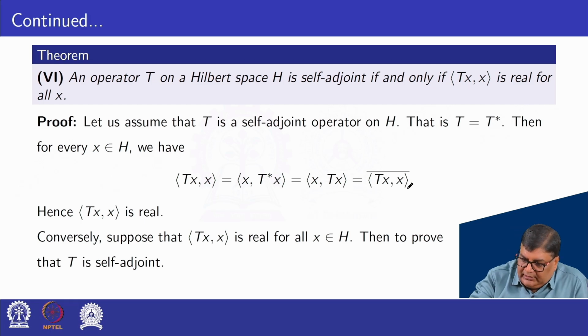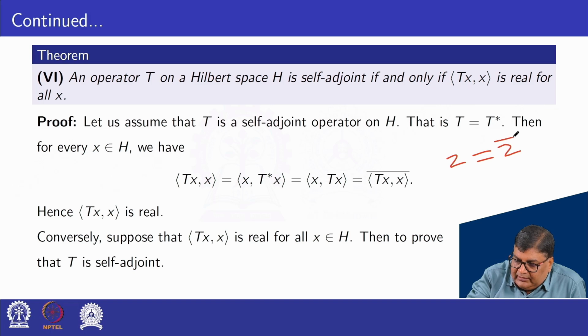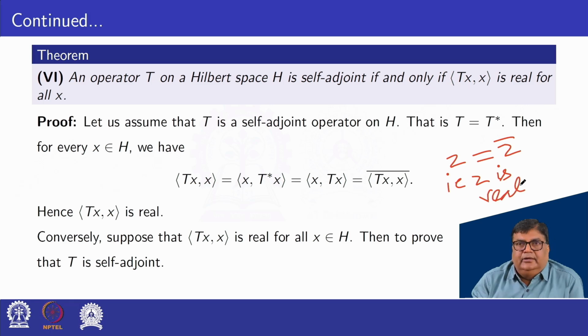So we know that z is equal to z bar, that is z is real. So here inner product of Tx, x is equal to the complex conjugate of the inner product of Tx, x. That is, inner product of Tx, x is real.